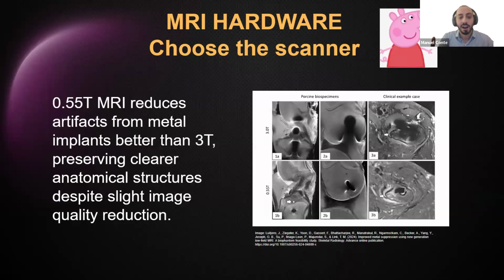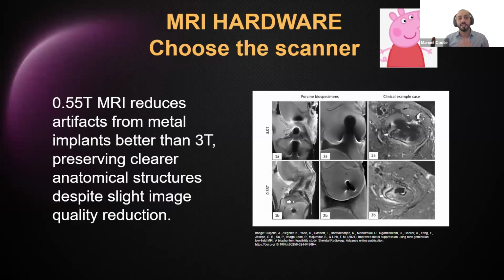This is a nice article that I found on the internet, where they scanned a porcine knee, so a knee of a pig, with different metal implants at two different magnetic fields, 0.5 Tesla and 3T. As you can see from the images, at 0.5 we have less artifact.